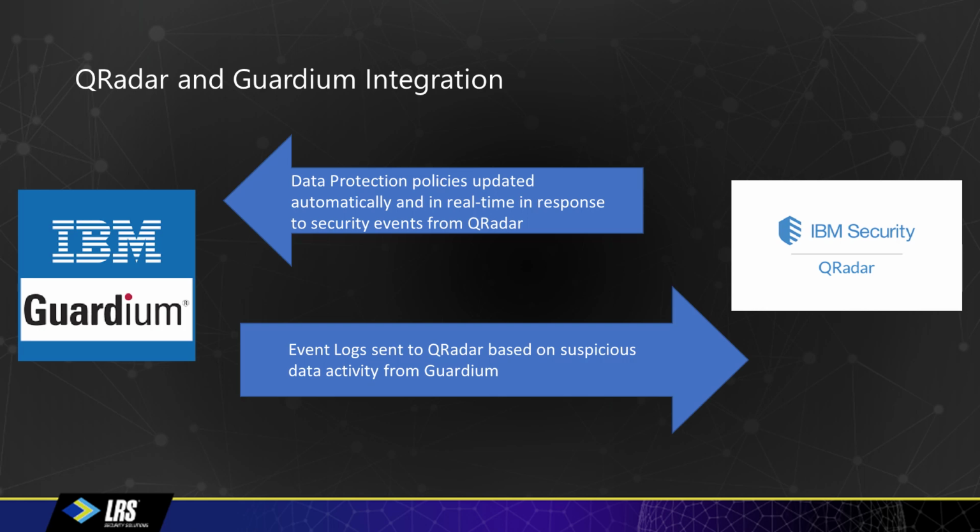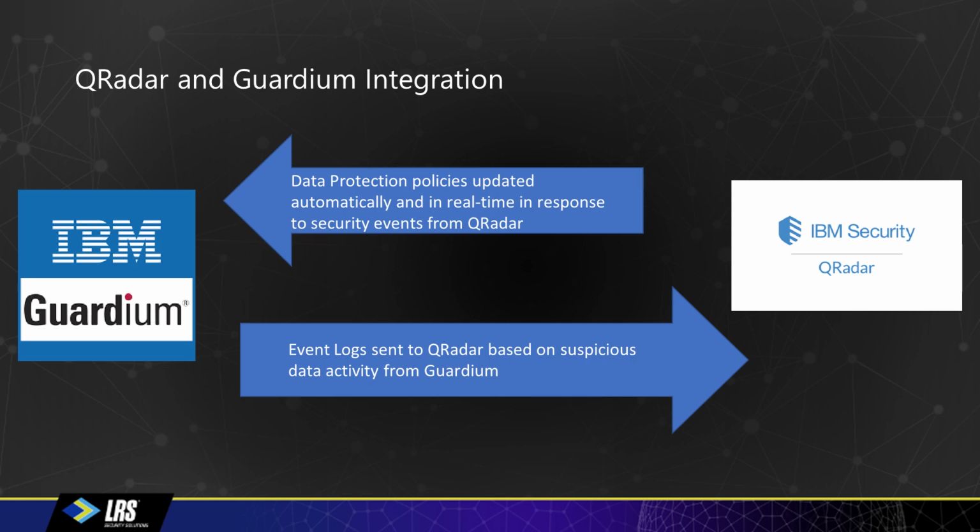Traditionally, QRadar and Guardium had a one-way information flow where Guardium sends alerts and vulnerability assessment reports to QRadar. The common alerting use cases for databases were things like failed logins, unauthorized access, SQL error codes, and users trying to escalate their privileges, amongst others.